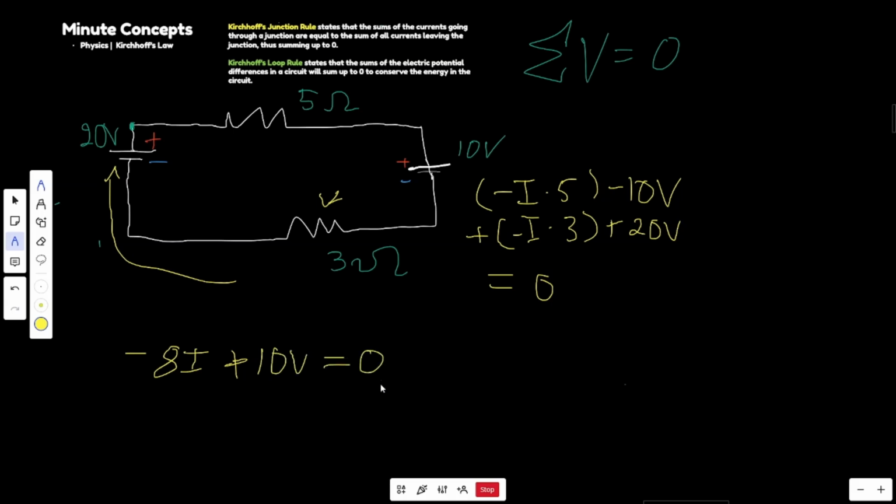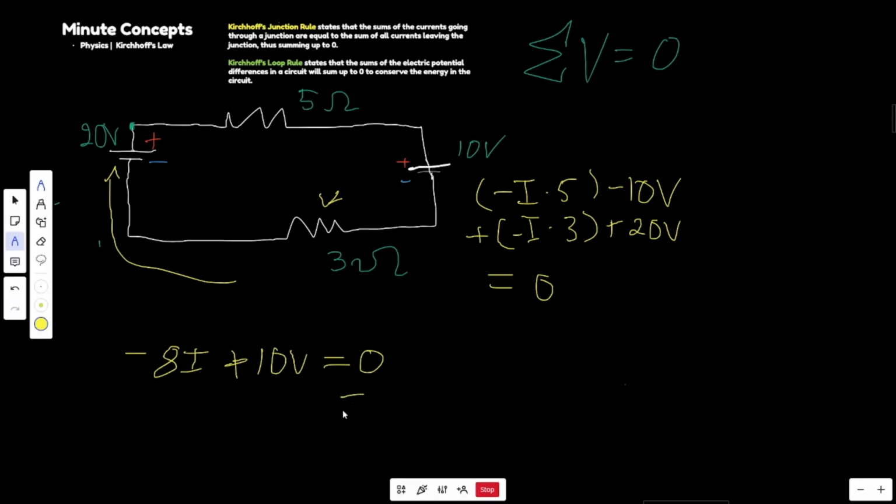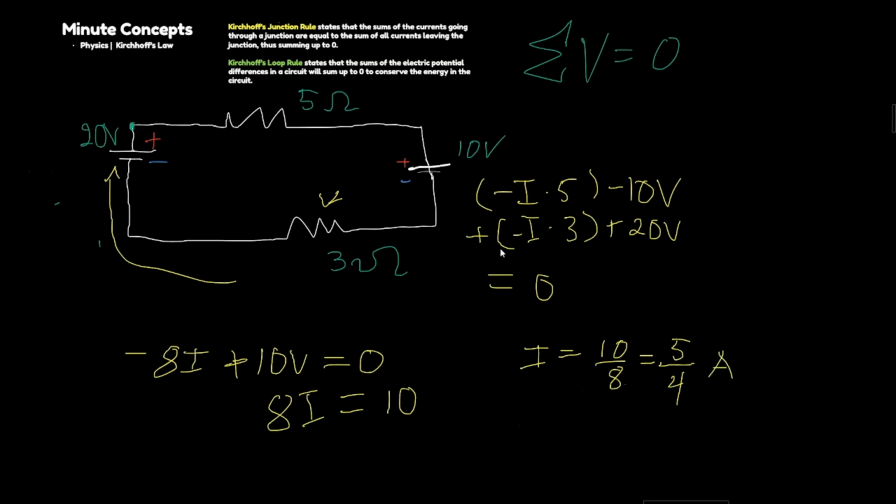That should be equal to 0. So what is going to be our I? We want to isolate I, right? So we can have 8I here is equal to 10. And further simplifying, we can have I is equal to 10 over 8 or 5 over 4. And this is going to be our current throughout the entire circuit because it's a series, right?